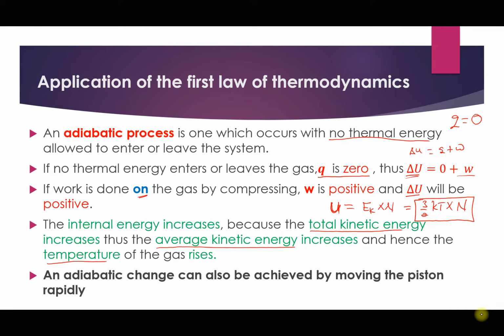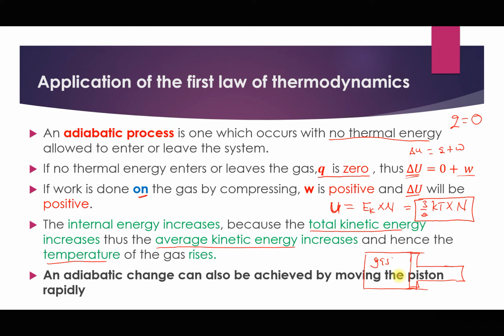So I was saying an adiabatic change can also be achieved by moving the piston rapidly. For example, if a gas is trapped in a frictionless cylinder like this one by a piston, we can achieve an adiabatic process. If here there is a gas, we can achieve an adiabatic change by moving the piston in and out rapidly.